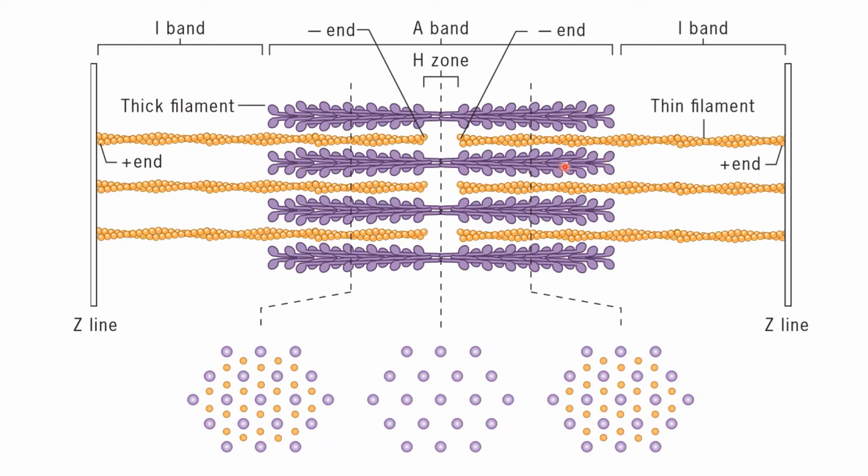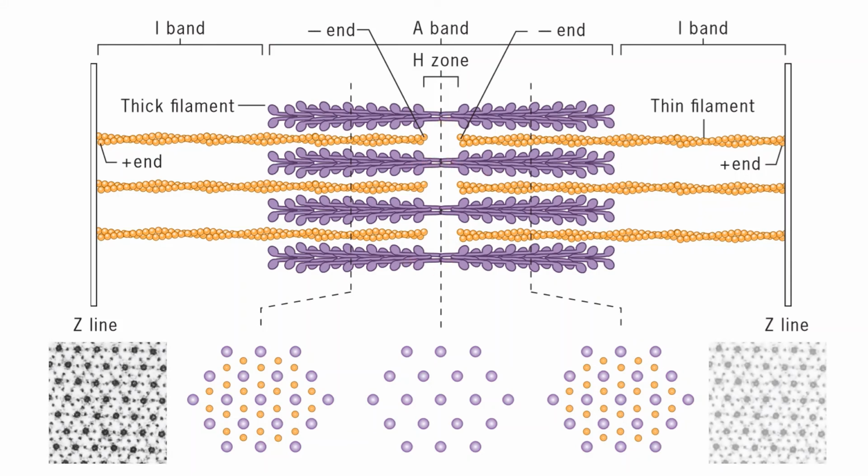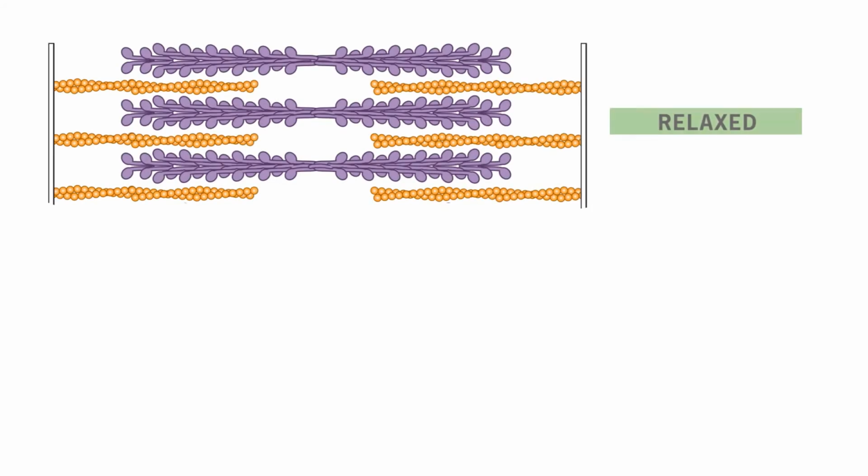So these are the typical myosins, and they are bipolarly bonded to other myosins. Okay? And these are their heads that are protruding, and then these are their tails in the middle. So when the muscle is relaxed, the connection or the cross bridge between the myosins and the actins is absent.